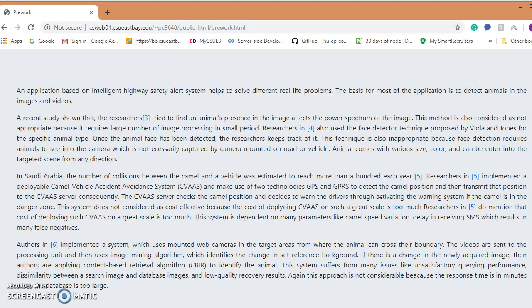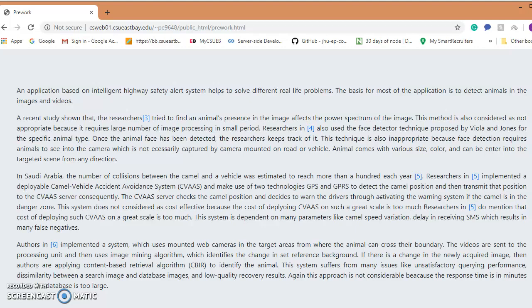Another group of researchers in Saudi Arabia implemented a camel vehicle accident avoidance system. Basically, they found the number of collisions between camels and vehicles. The researchers implemented a deployable CVAS, the camel vehicle accident avoidance system, and made use of two technologies, GPS and GPRS, to detect camel position and then transmit it to the CVAS server.